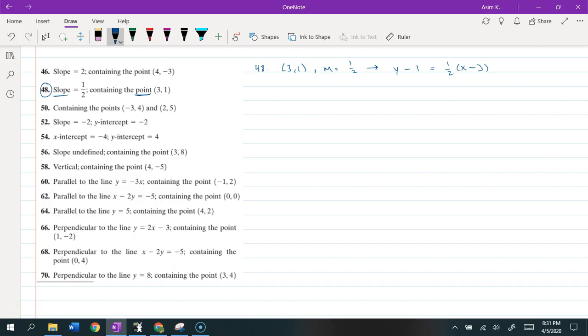And then you can take your time to actually simplify that and to see where you would get to it. Though, for now, because I have to get through a lot of this lesson and I want to spend some more time with the harder kinds of questions, I will just leave it to that. But your job is to turn this into slope-intercept form. Okay, so slope-intercept form, once again, what does that mean?